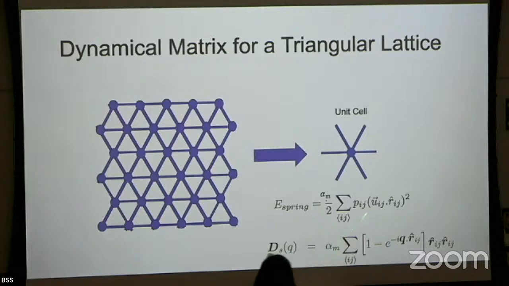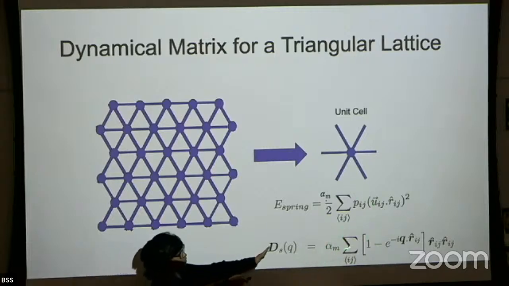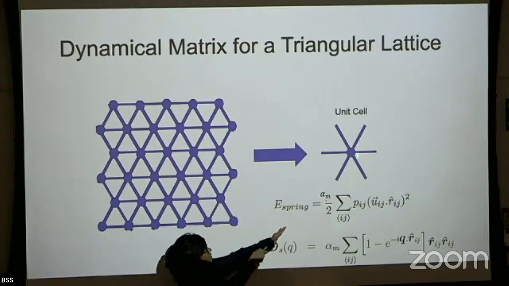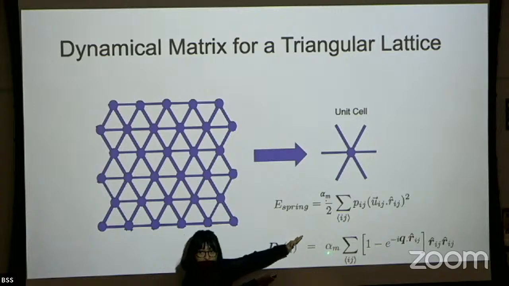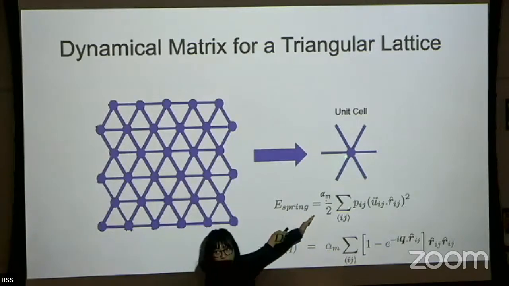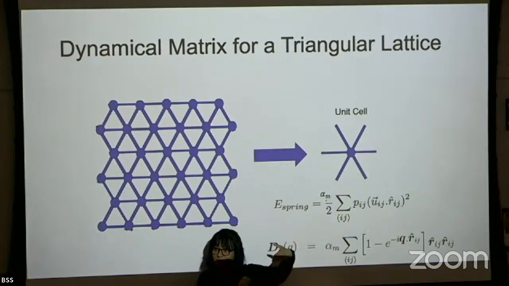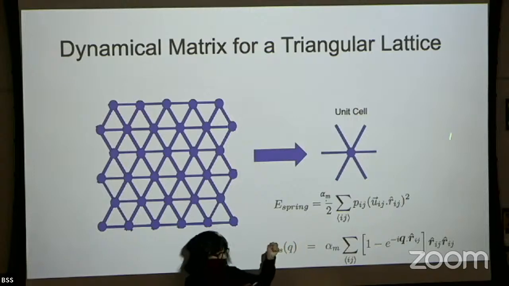So when I wrote down this term, this is still going to be the same for a square lattice. However, because I have a triangular lattice, this sum is over these 6 bonds. This is what the unit cell looks like. I'm summing over the bonds in this unit cell. But in reciprocal space, the dual of a triangular lattice is a triangular lattice, right?